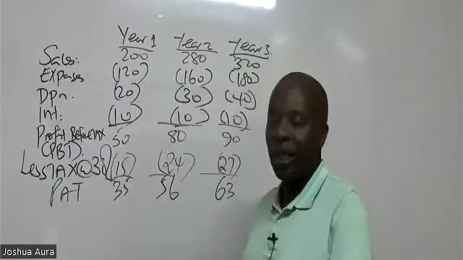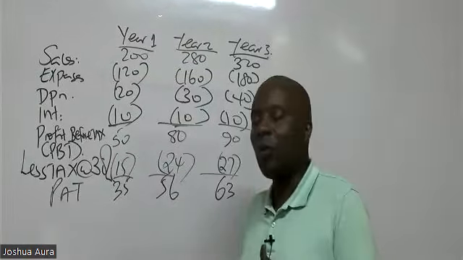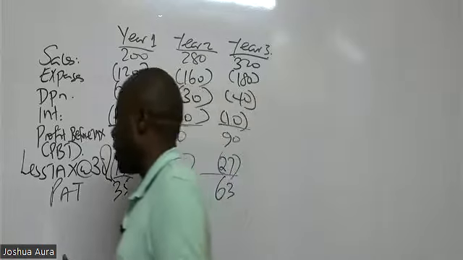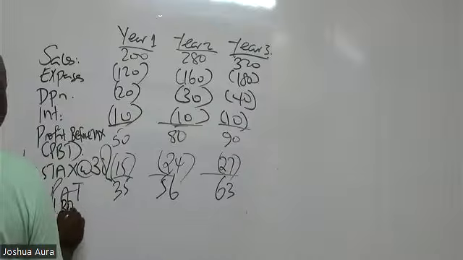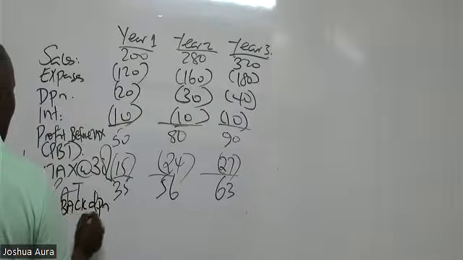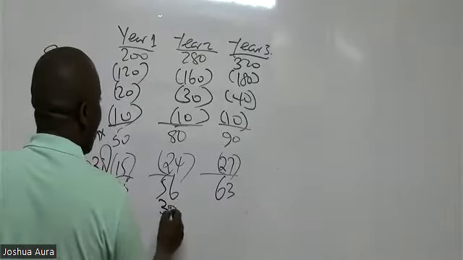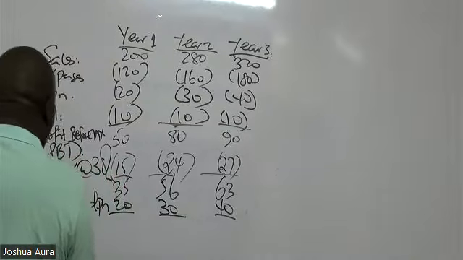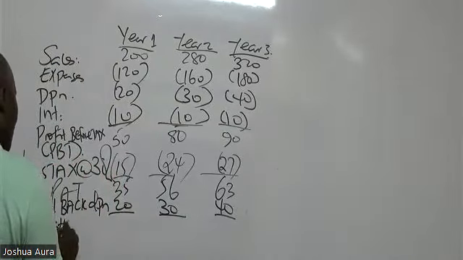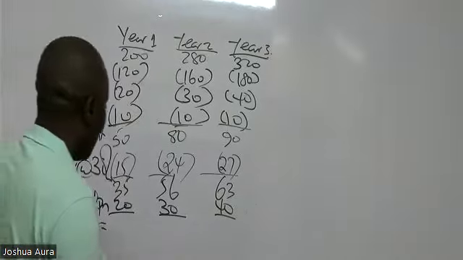That's how you write it. To change profit after tax to cash flow, you add back depreciation. So depreciation here is 20, here is 30, here is 40. You add back depreciation for you to be able to get our operational cash flows.